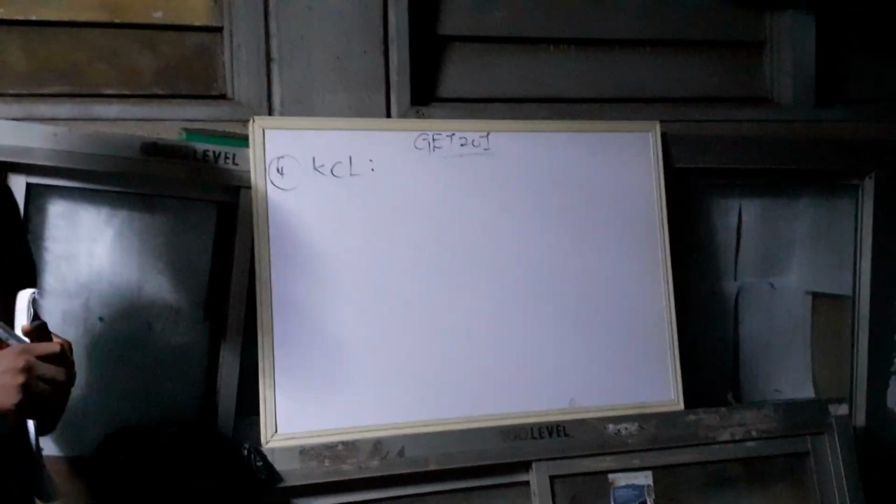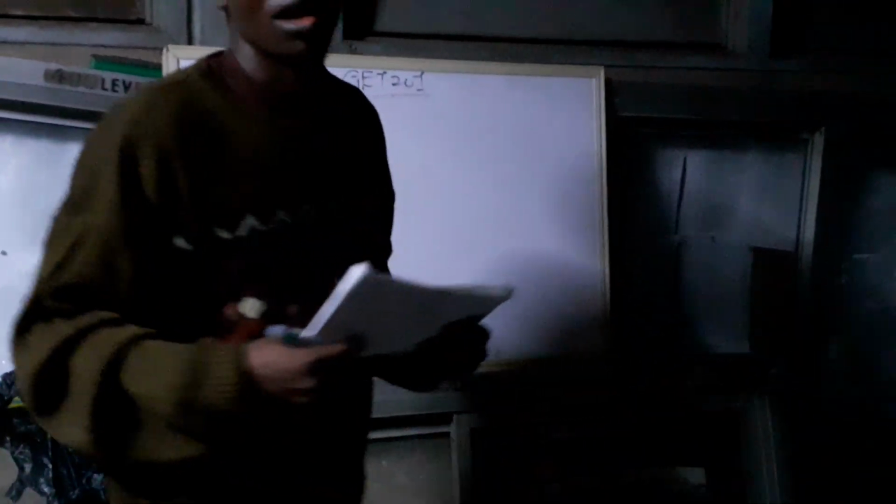KCL says the current entering a node equals the current going out, the same current.